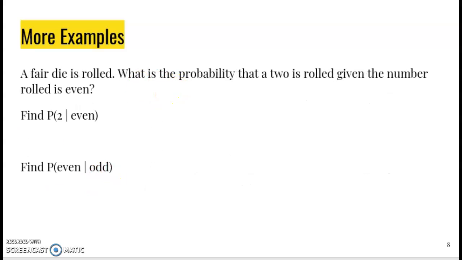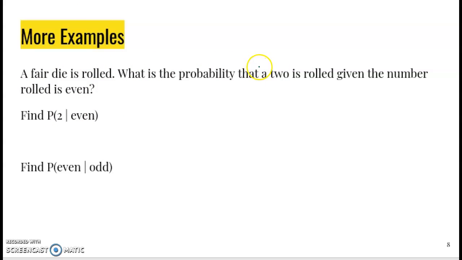Here's an example with a fair die being rolled. The probability that a 2 is rolled given the number rolled is even. If I'm going to set that up, I could put in an A and a B here if I want to.